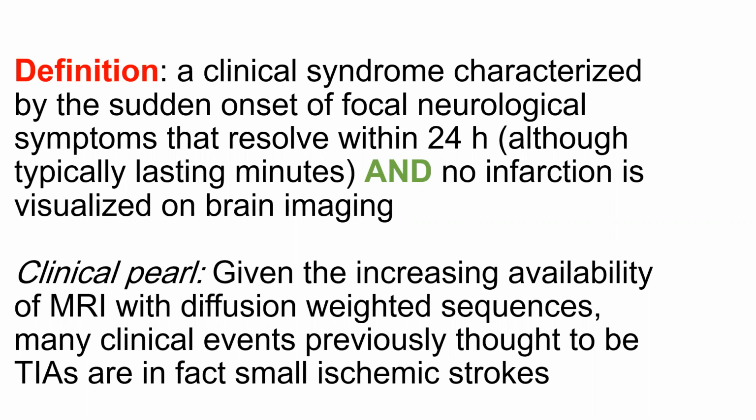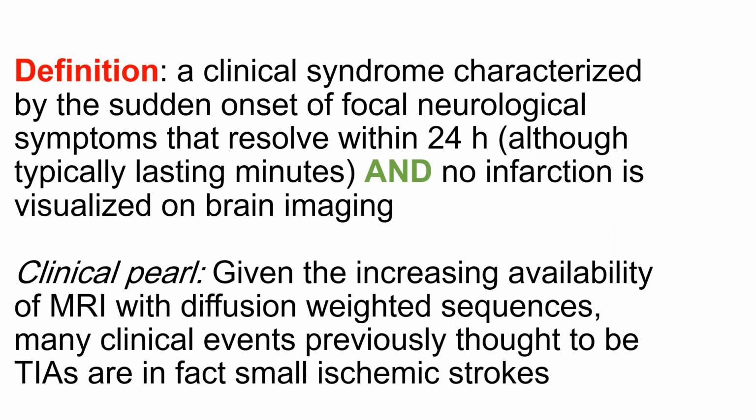What is changed in this old definition? The change is what's written here: nowadays, no infarction is visualized on the brain imaging. Why was this changed? Because they found that up to 50% of people presenting with symptoms of transient ischemic attack have ischemic changes when we do brain MRI with diffusion weighted imaging.